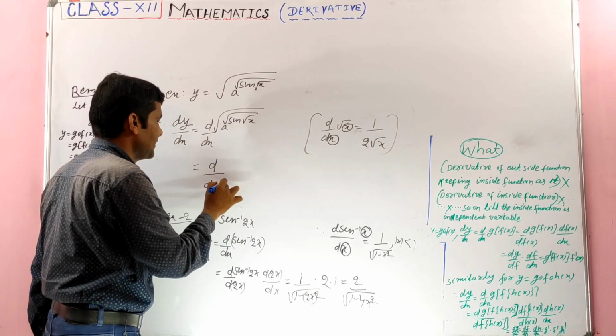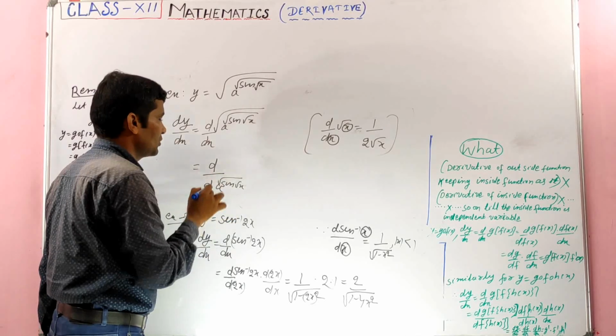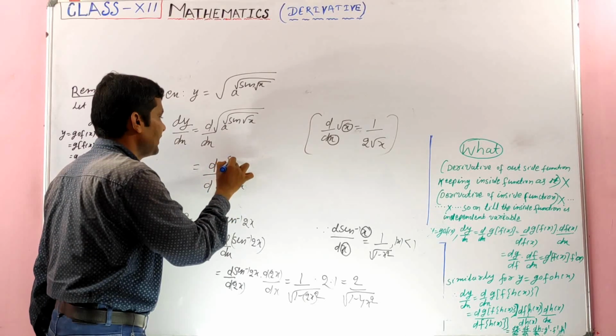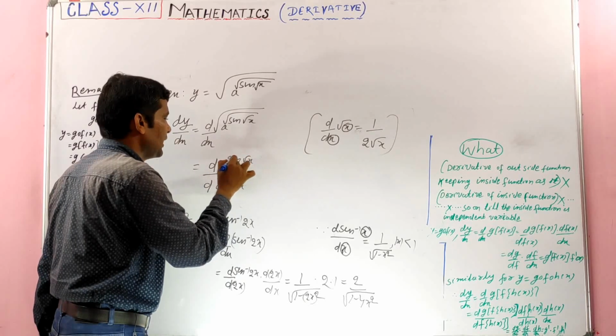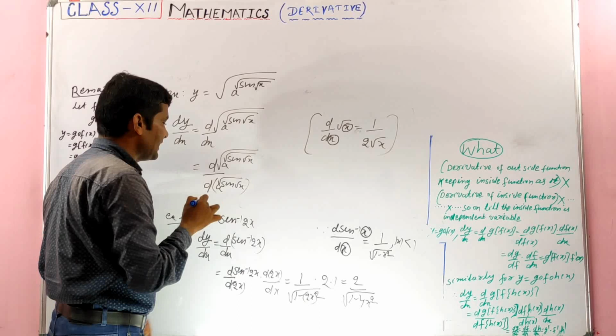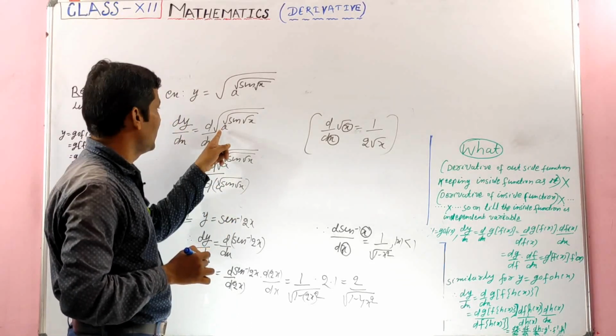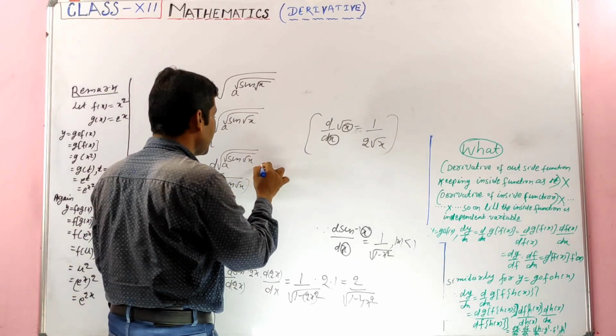We adjust as d by d inside. What inside? a to the power sin root x root of the question, as sine root x whole root. Now the inside is adjusted in the denominator. Again multiply it in the numerator.